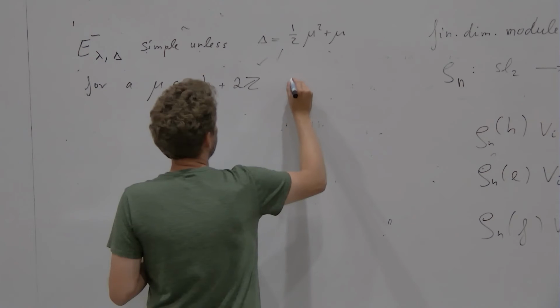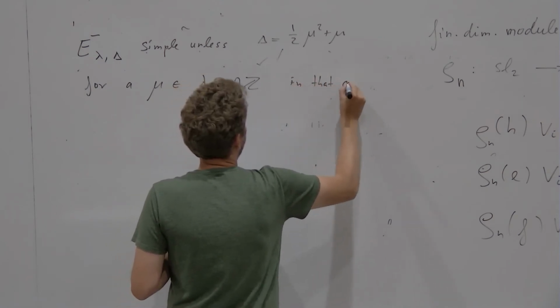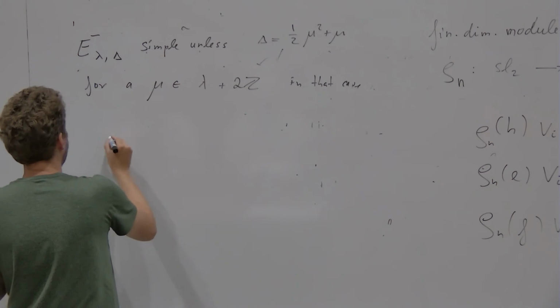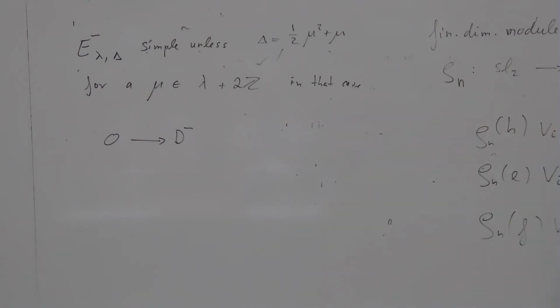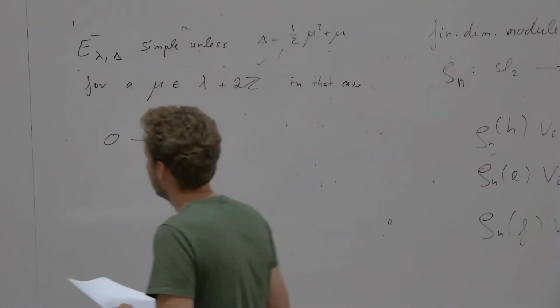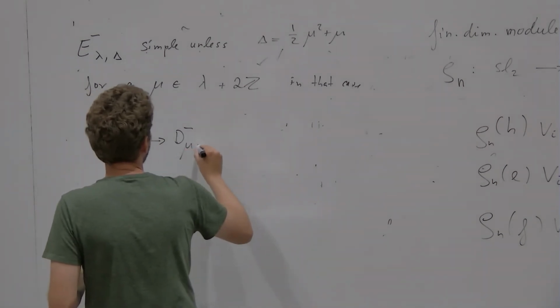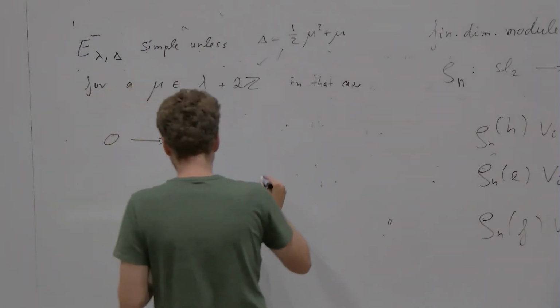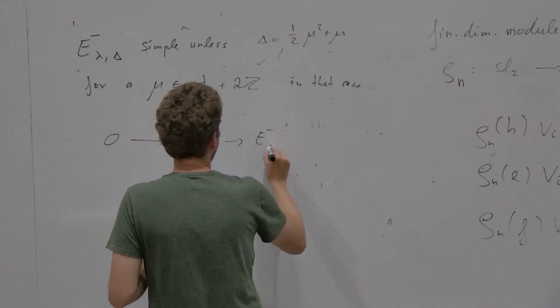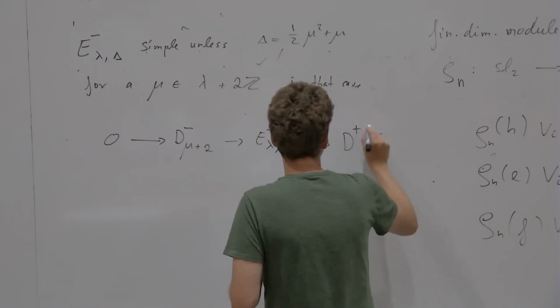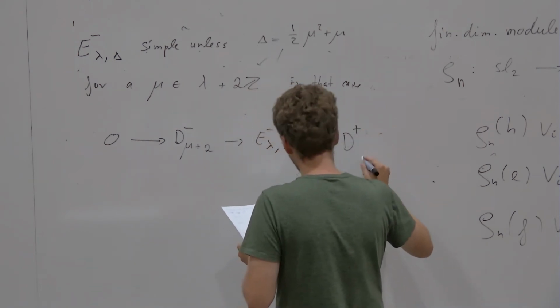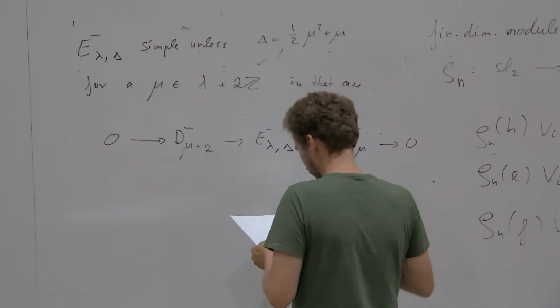And in that case, this module has a proper submodule. I only introduced highest weight modules, but I told you, exercise, do the same thing for lowest weight, and then you do the label minus 1. In this case, it has a lowest weight submodule of this lowest weight. So it satisfies this non-split short exact sequence, and then the quotient module will, of course, be a highest weight module.